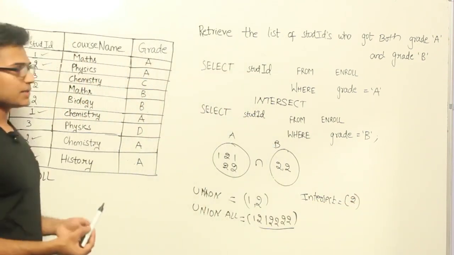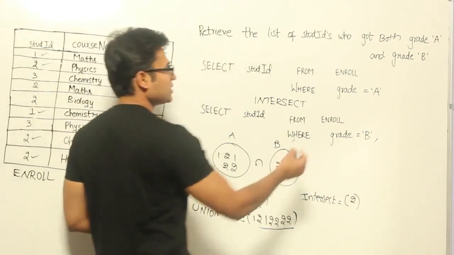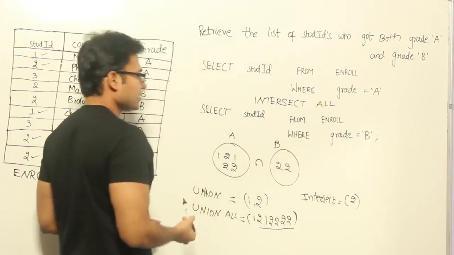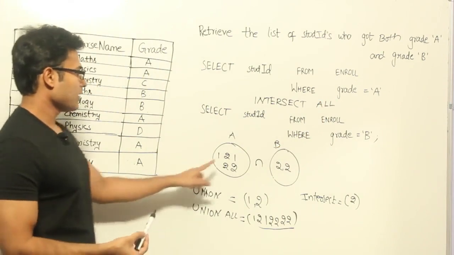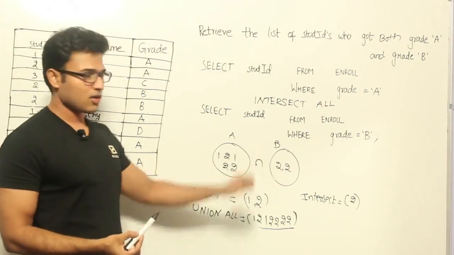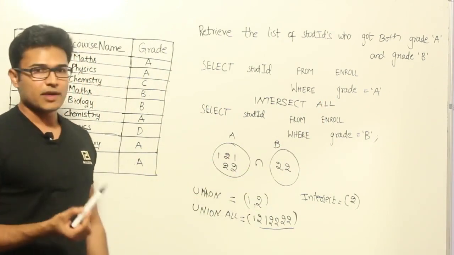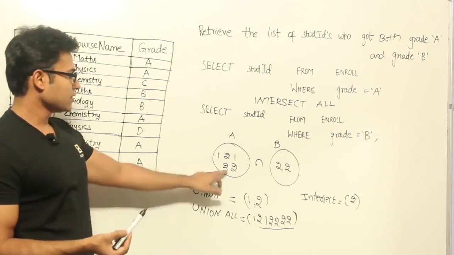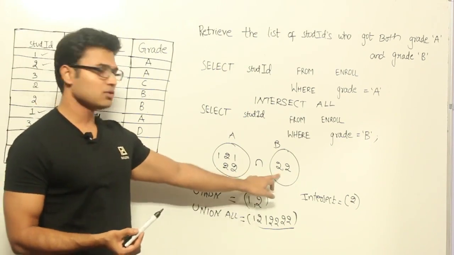Got it? Now let us say I want to see even the duplicates. Then I am going to write intersect all. Intersect all finds what is in the intersection and also the number of repetitions of that intersection. Here 2 is repeated 3 times and here 2 is repeated 2 times.